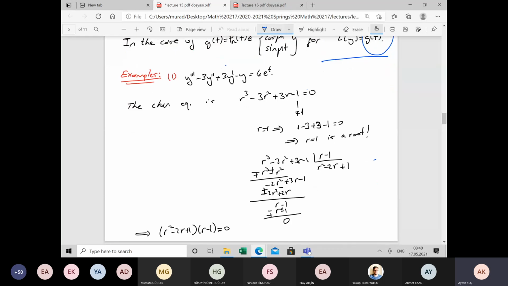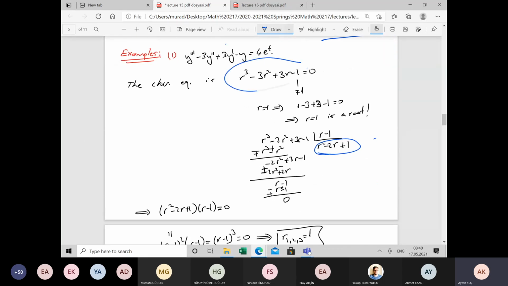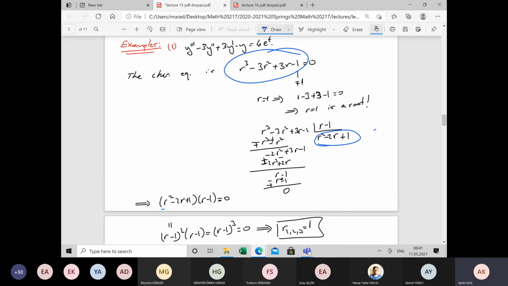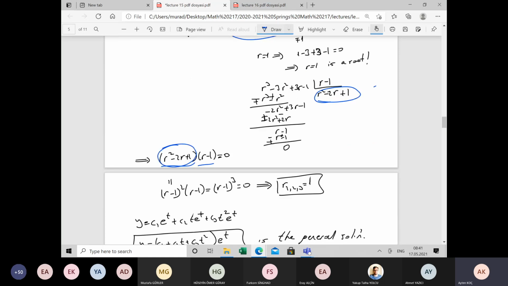So we obtain this one: a product of r squared minus 2r plus 1 and r minus 1. This gives the repeated root, r minus 1 squared. So 1 is a repeated root.